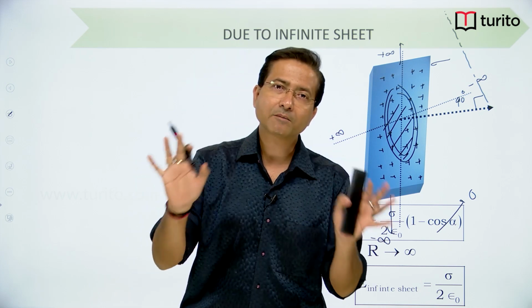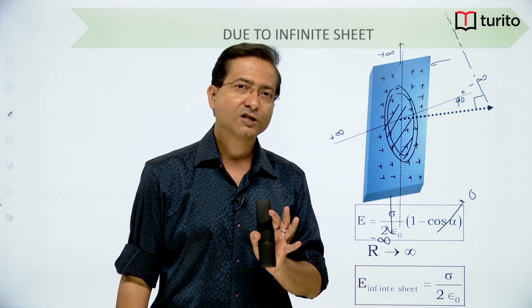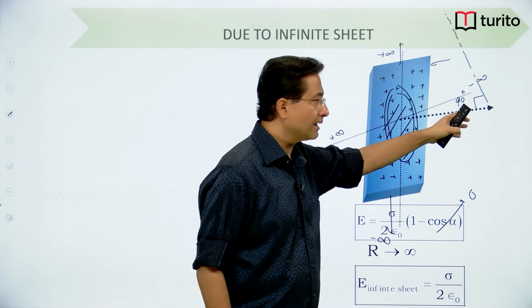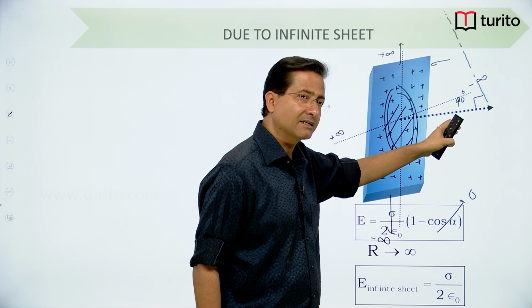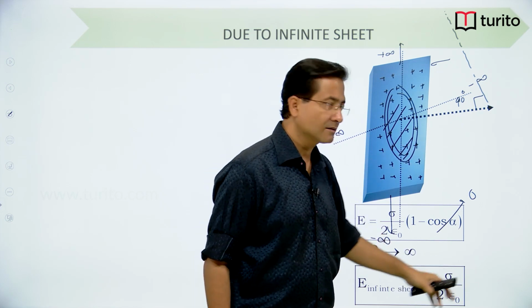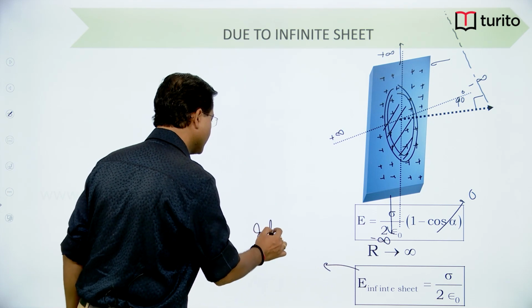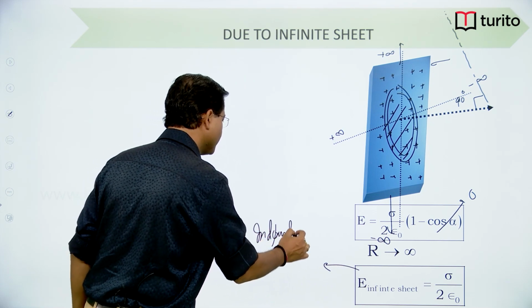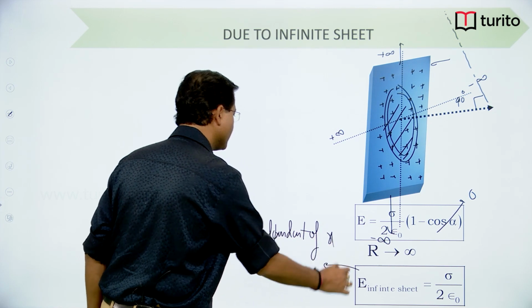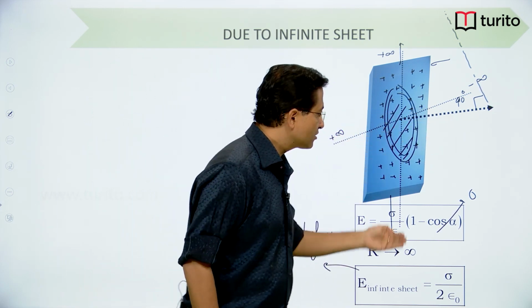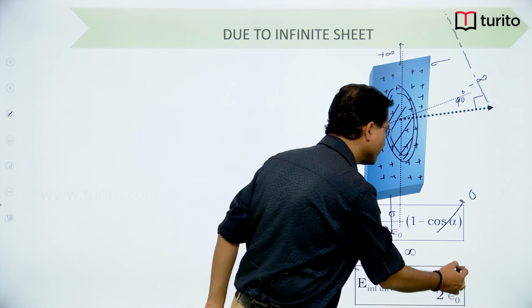So the field created by an infinitely large sheet at a point on this side, at some distance x, is independent of x. That means everywhere the field will be the same. This is an example of a uniform field.